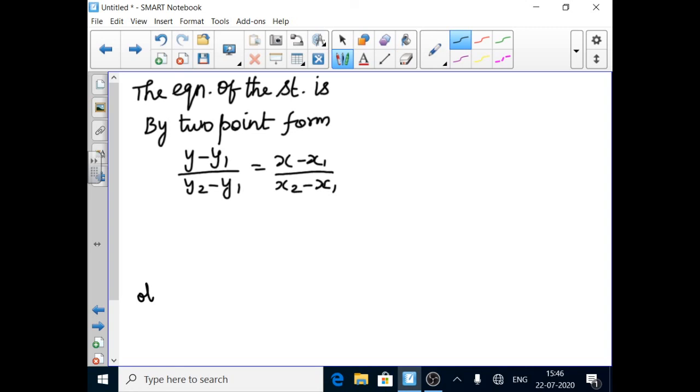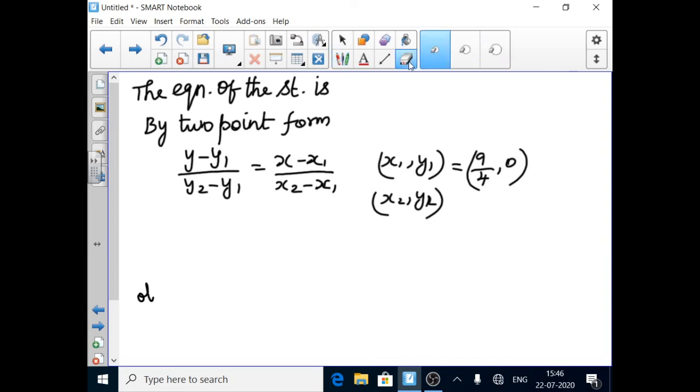Inside, you write x1 comma y1 is equal to 9 by 4 comma 0, x2 comma y2 is equal to minus 1 comma 1.